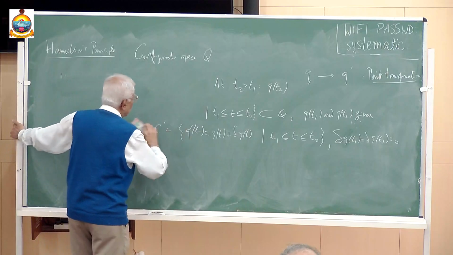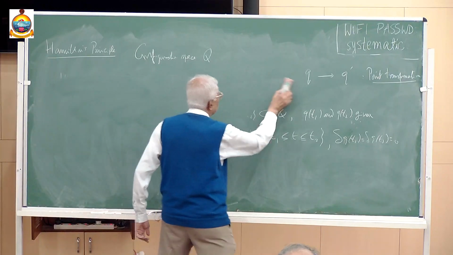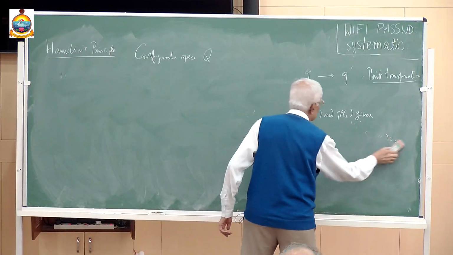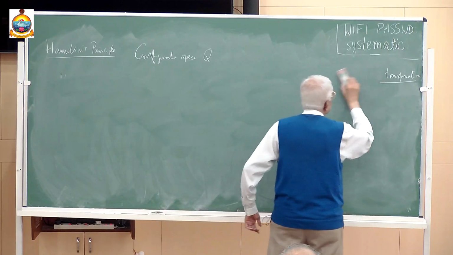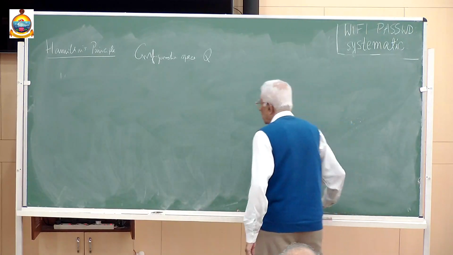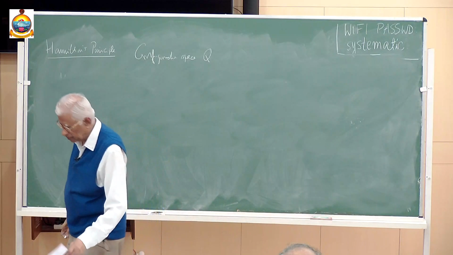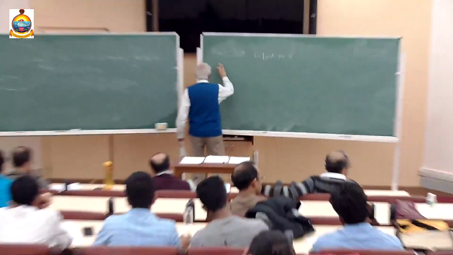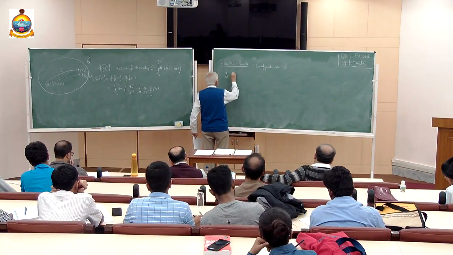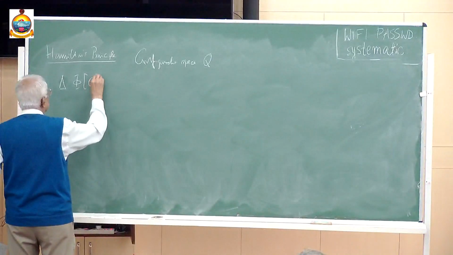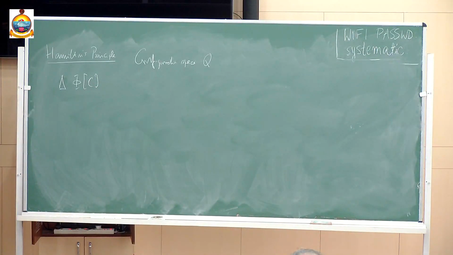So, I hope you understand how it differs from the previous calculation. So, I will now write down the expression for delta phi, then tell you a little bit about it. First, the definition. Now, I write that change as capital delta, not little delta, just to indicate that this is an expression corresponding to this wider class of variations of path.